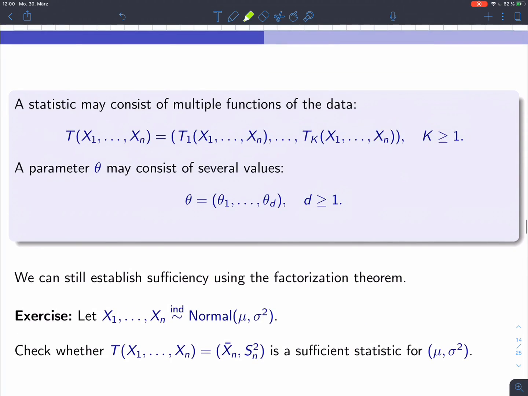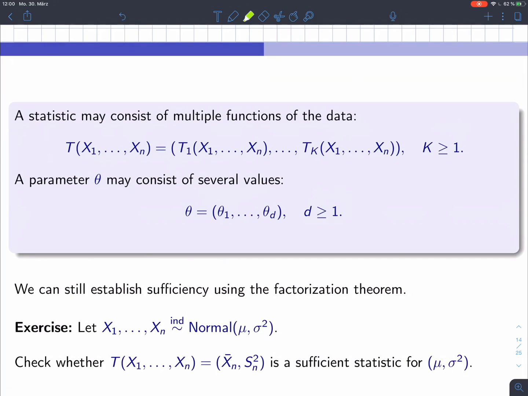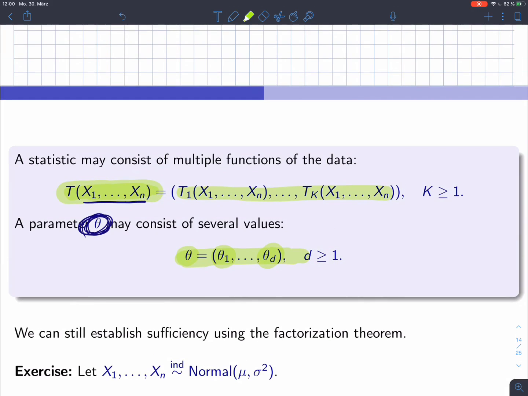Until now, we've considered statistics which are some function of x1 through xn, and we've considered a parameter which is only one value. We can have parameters which consist of several different values, say theta 1 through theta d, all wrapped into theta, and we can have statistics also which consist of multiple functions of the data, so say k functions.